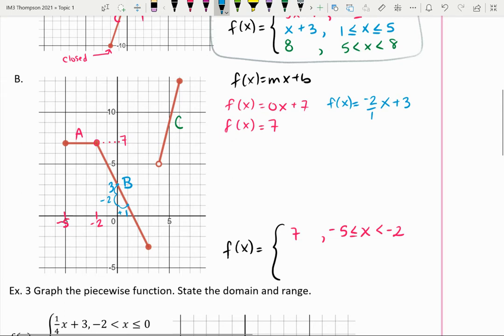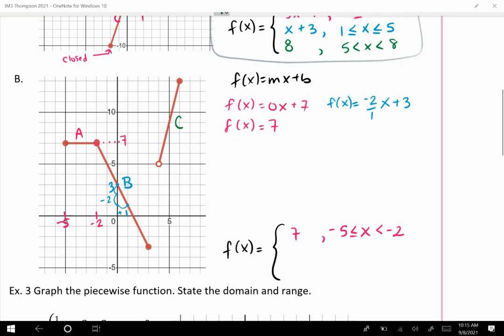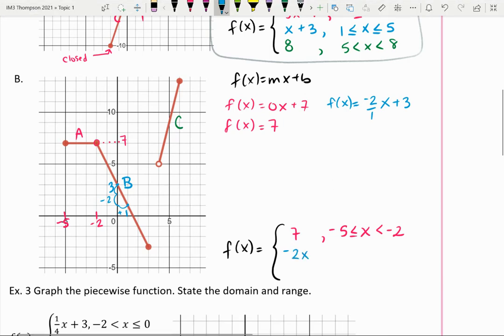And a slope of down 2, right 1 gives me a slope of -2. The equation of the line is -2x plus 3. What x values does that exist on? Well, from -2, and the last one is over here at 3. Now 3 is absolutely a solid dot, so that's going to be or equal to.